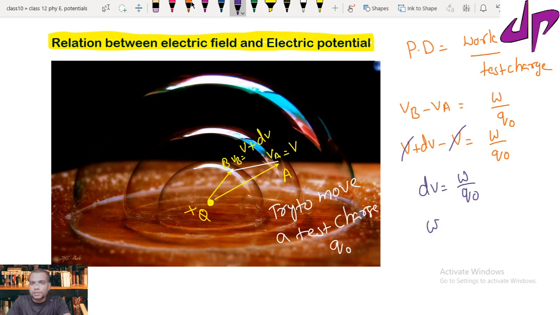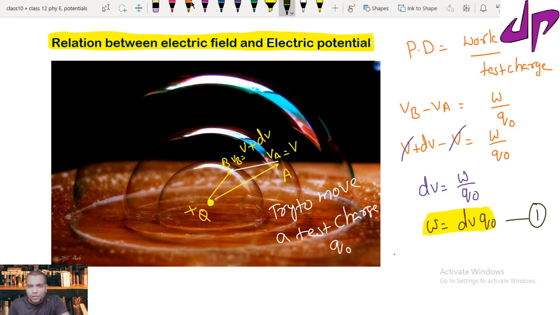So here work done equals dV times test charge. So the work done is not equal to 0 when you move across. Here dV is a small difference in the potential times test charge. Let me take this as equation 1.